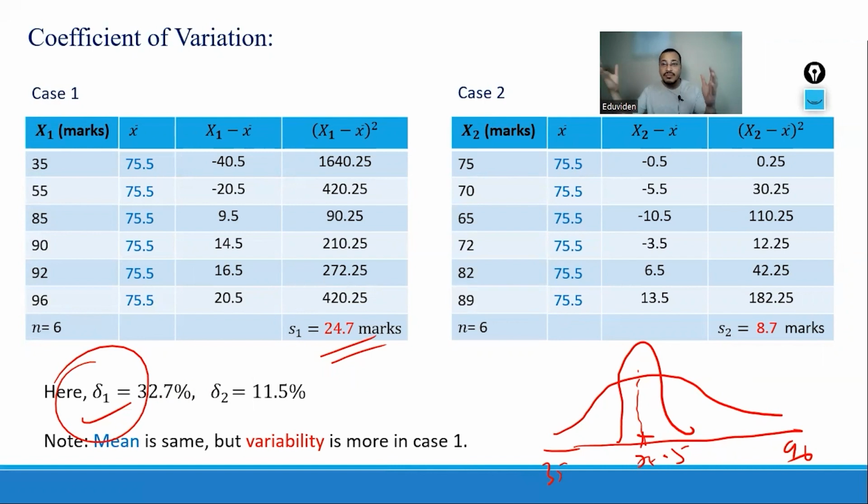One may be in hundreds, one may be in tens or units places. But the relative variance may be found more in the units place. We don't know, because it is scaling. We're dividing the standard deviation by the mean of the data set.